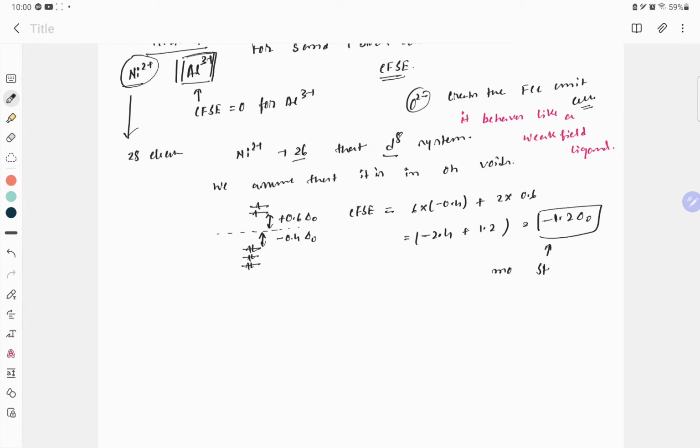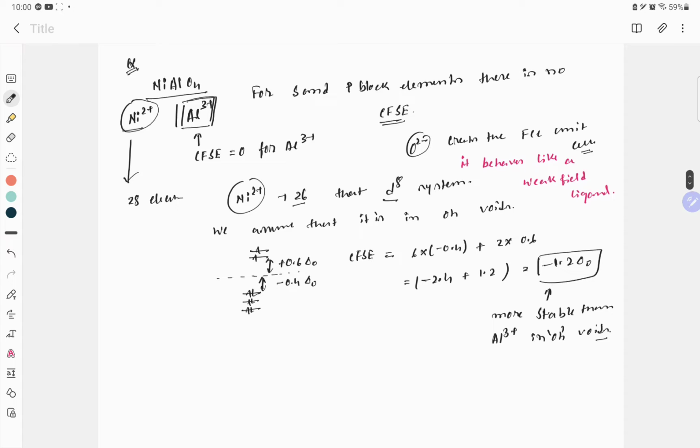More stable than Al3+ in octahedral void. I want to say that if Ni2+ is present in an octahedral void, the stabilization energy will be minus 1.2 delta 0.